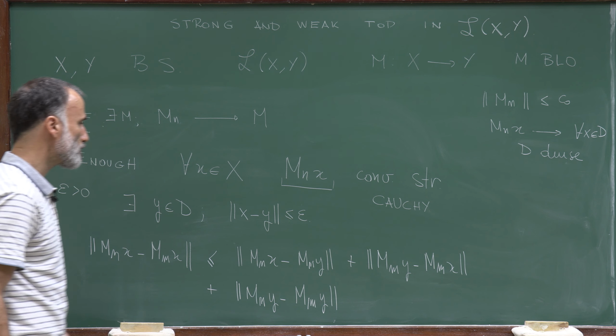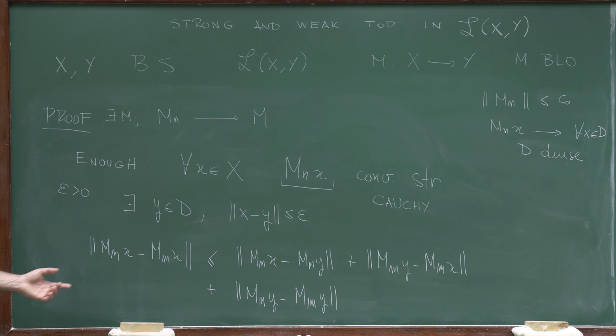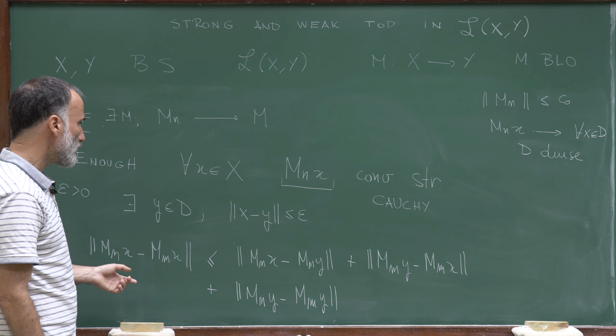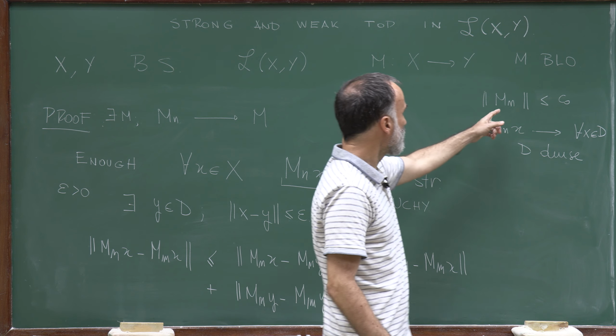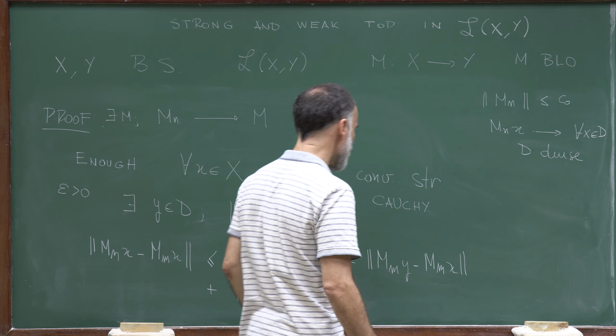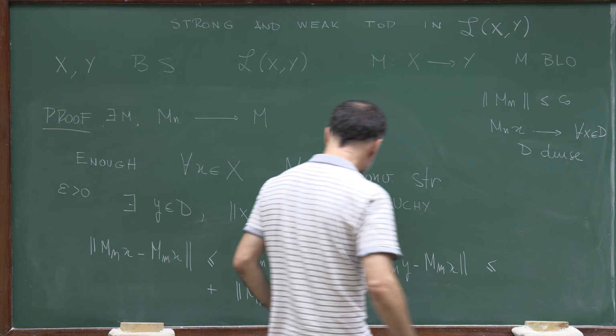So we just inserted y in our expression, and now we will use the fact that the sequence Mn is uniformly bounded to estimate the first term.